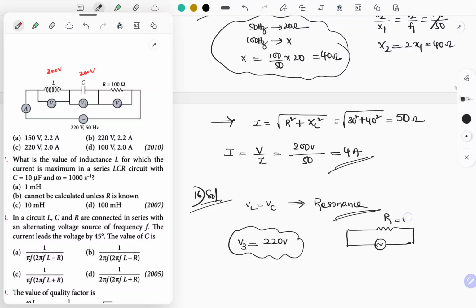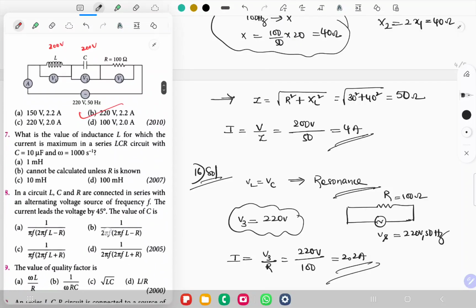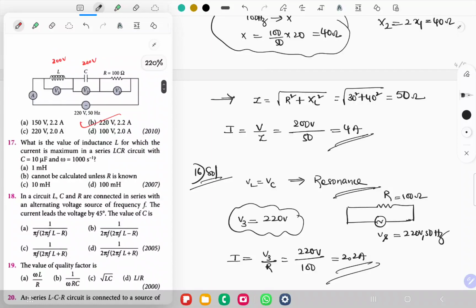So R is equal to 100 ohm, Vs is 220 volt, 50 hertz. What about current? This is RMS voltage and RMS current. Ammeter reading is V3 divided by R. V3 is 220 volt, R is 100 ohm. So the answer is 2.2 ampere. Which option? 220 volt and 2.2 amperes. Option B is the correct answer. Got it? Next, question number 17.